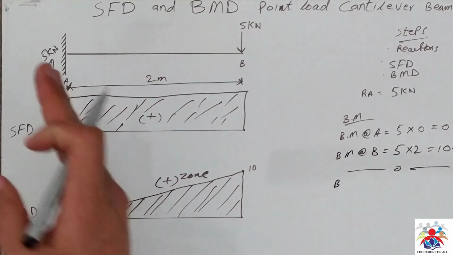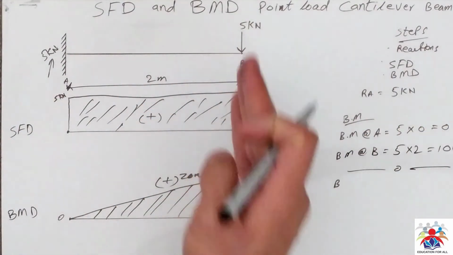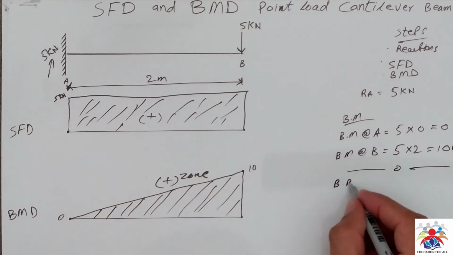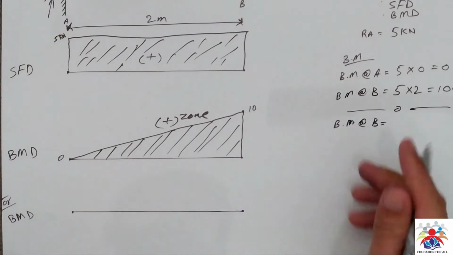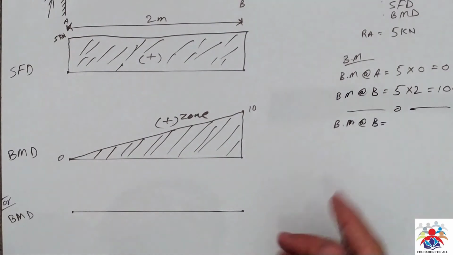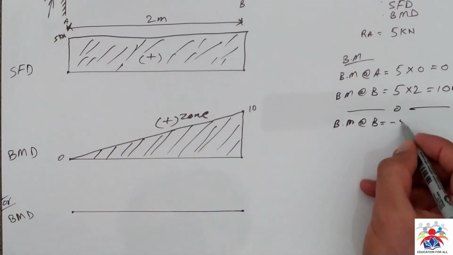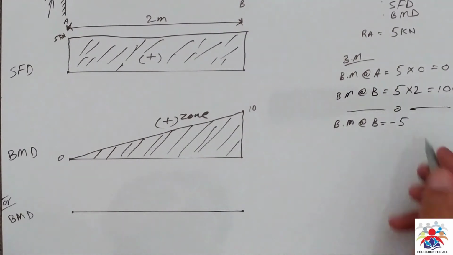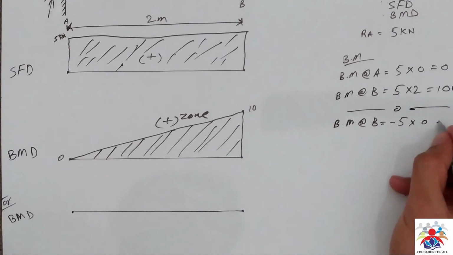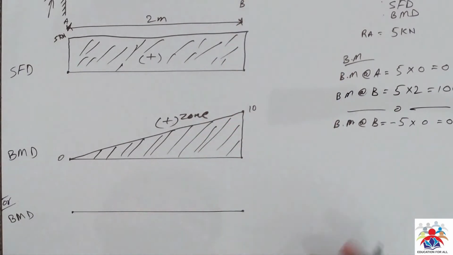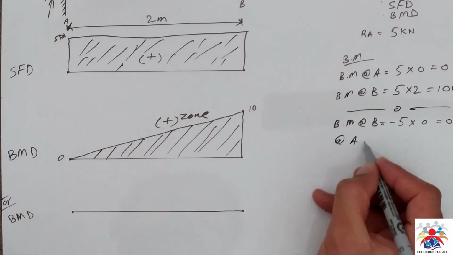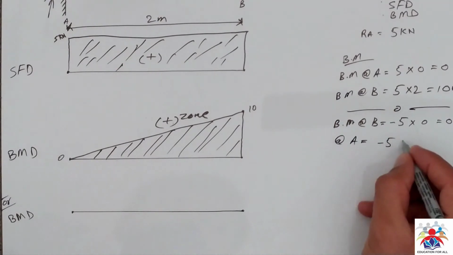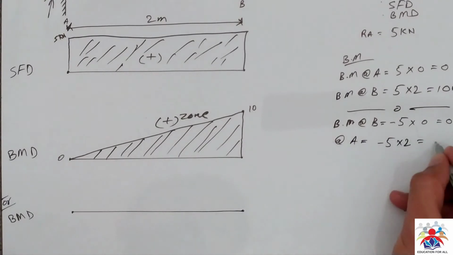Start from point B, not from A. Bending moment at B: as you can see, 5 kilonewton is acting downwards, so it will be minus 5 multiplied by 0, so end points are 0. Bending moment at A, minus 5 multiplied by 2 is equal to minus 10 kilonewton.